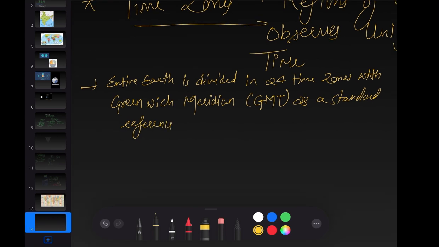From GMT, time increases towards the east.